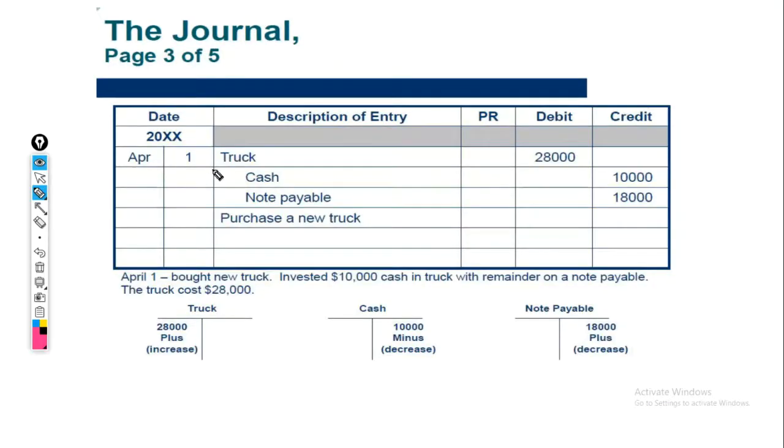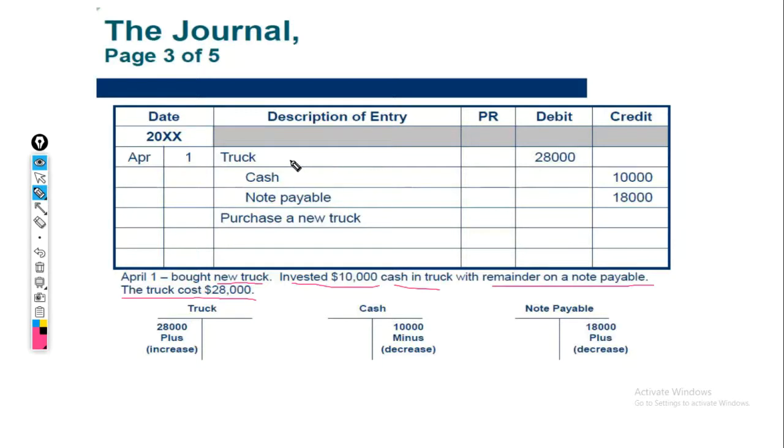Okay, so I have another entry with me which says: bought new truck, invested $10,000 cash in truck with the remainder on a note payable. The truck cost $28,000. Truck is a real account, and the real account golden rule is debit what comes in, credit what goes out.